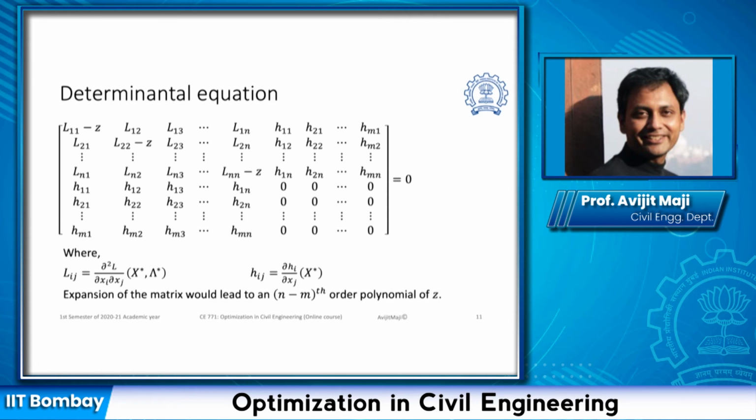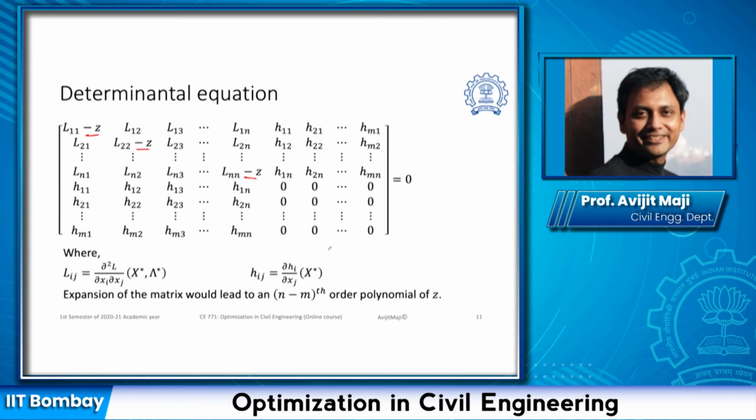This Lagrangian matrix is of order m plus n, and in its determinantal equation we need to see the z values, which are in the diagonal components. If we solve it, we can get the roots of z.